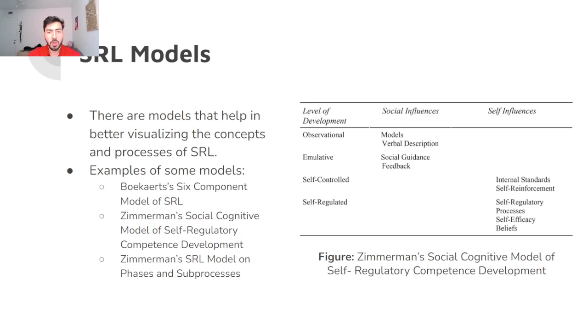So this model pretty much explains in four steps how the development of SRL works. The first step is known as observation, where the student observes information. Emulative, they can see how, for example, in a classroom, the teacher shows that information or that lesson, and they can start to emulate it, to see how it works, to practice it.